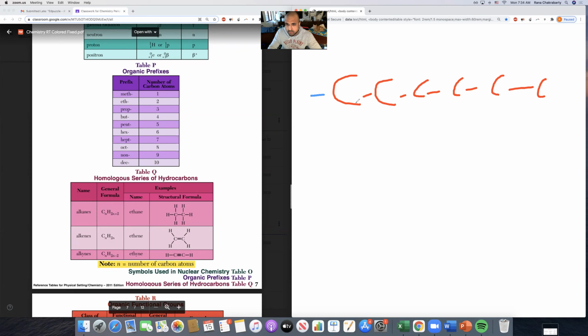If this is 1, 2, 3, 4, 5, 6 carbons, it should be C6H14, because it's 2n plus 2. You're saturated. So it's 1, 2, 3, 4, 5, 6, 7, 8, 9, 10, 11, 12, 13, 14. Those bonds should have hydrogens.